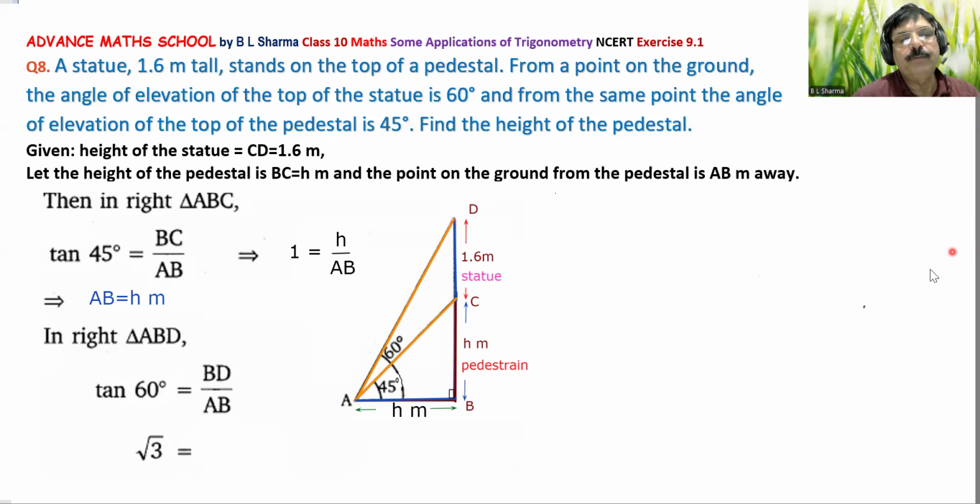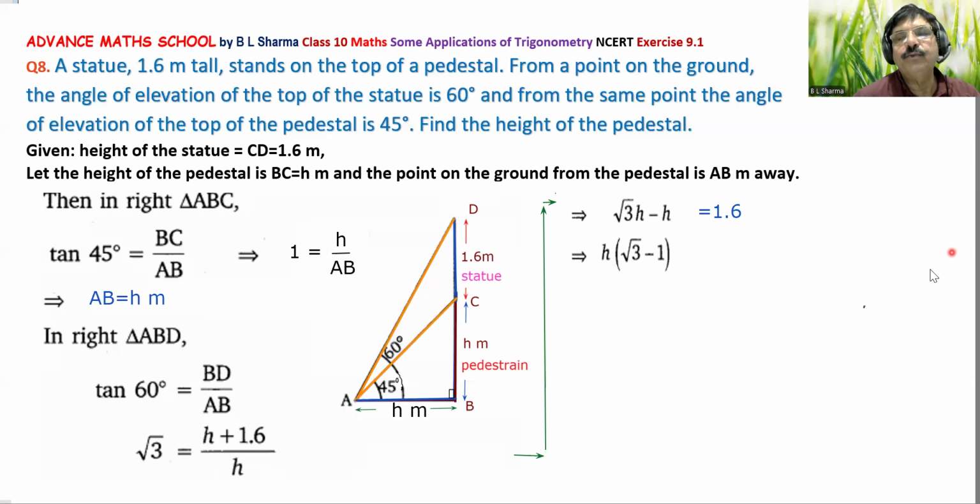BD is H plus 1.6 and AB is H meters. On cross multiplication, root 3 H minus H is 1.6. Take H common, root 3 minus 1 times H is 1.6. So H is equal to 1.6 upon root 3 minus 1.